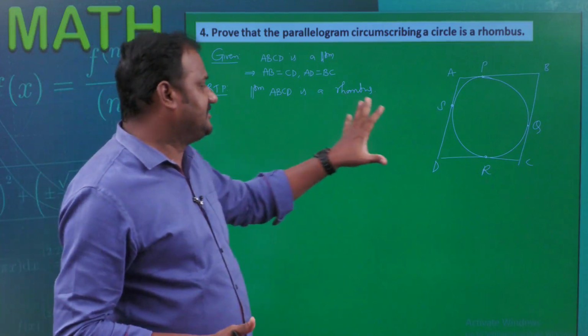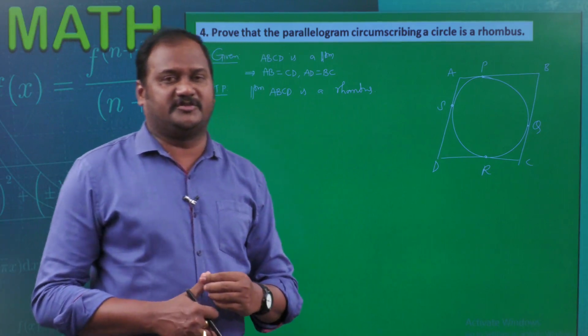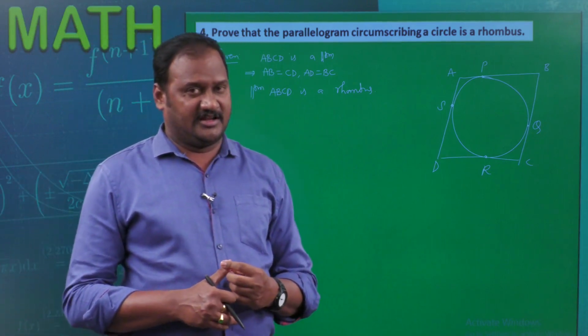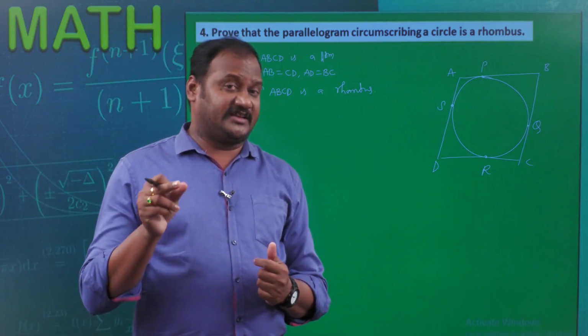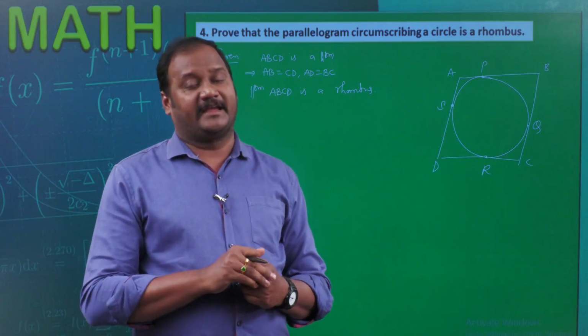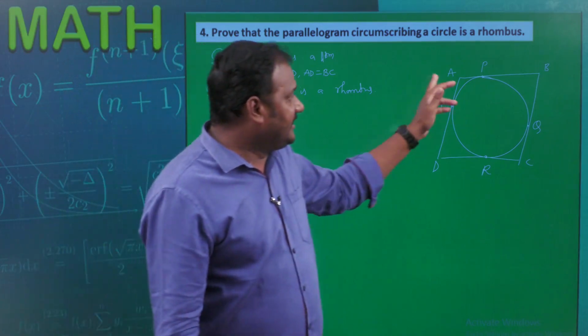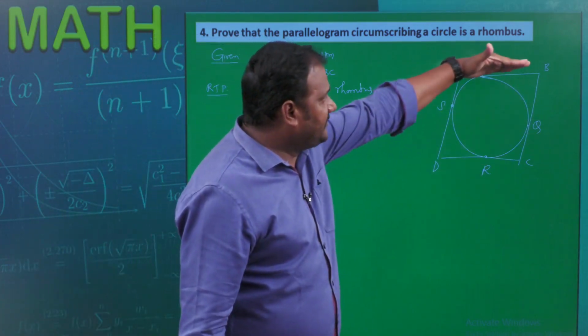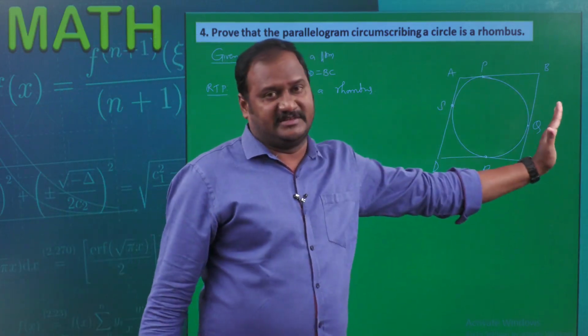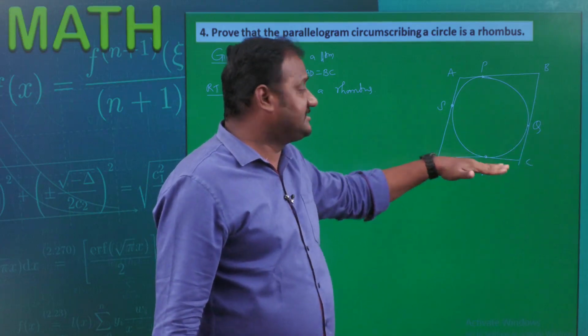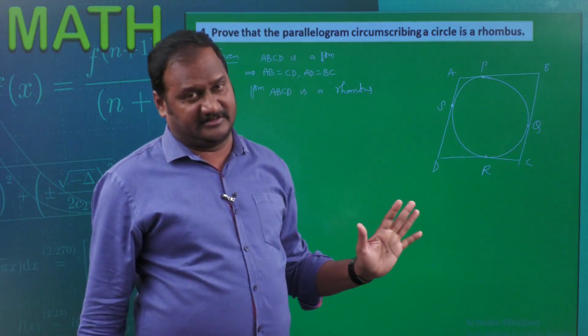So coming to the properties of a rhombus, a rhombus is a parallelogram in which one pair of adjacent sides are equal. It means in ABCD, we know AB is equal to CD and AD is equal to BC, but AD and CD are not equal.